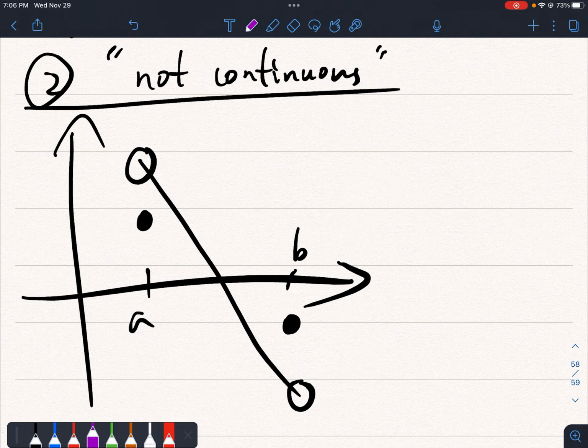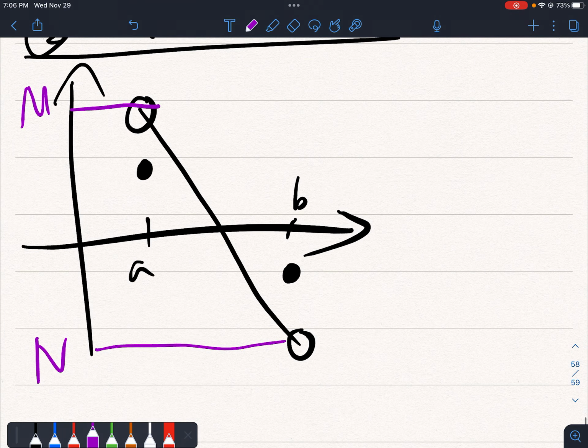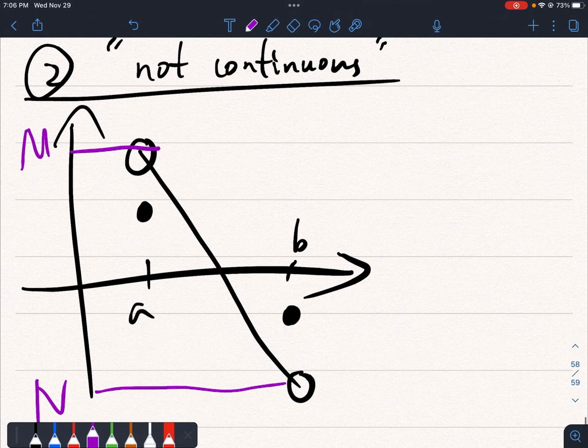And suddenly at this point, it becomes bigger. So you can see it should have the maximum attained at this point, which is this value. Let's say this is m. But it is not attained because it is made to be something smaller. And here, the minimum should be n, but you change the value slightly bigger such that the minimum is also not contained, right?